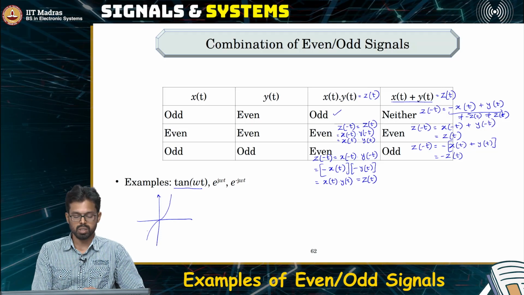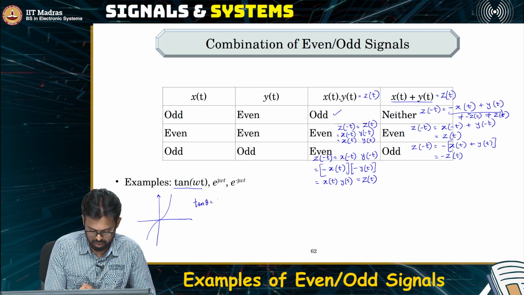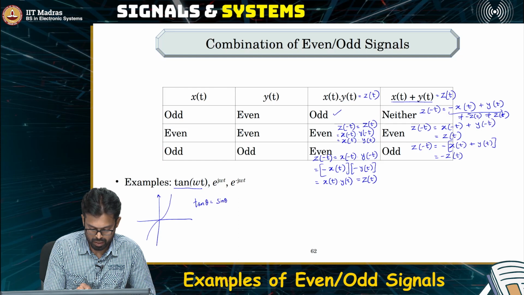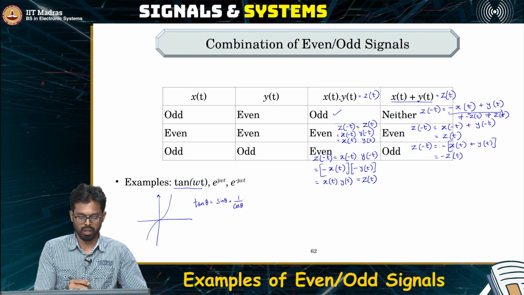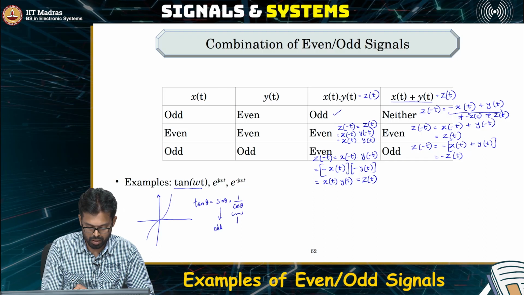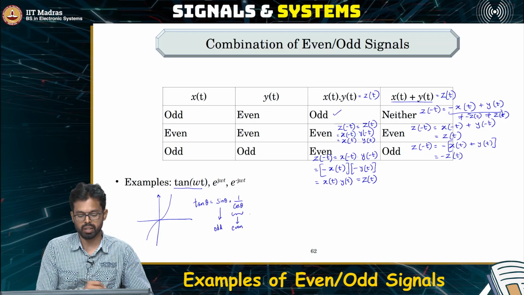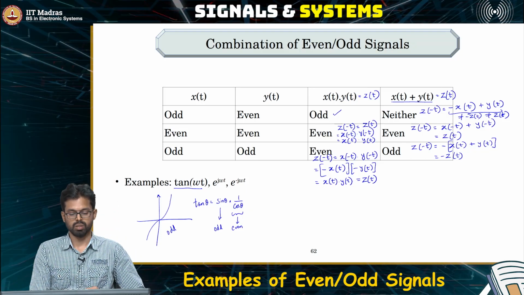But we can also use these properties and know that tan theta is nothing but sine theta times 1 by cos theta. Okay. So this is an odd signal, this is an even signal, and the product has to be odd, and hence tan is odd.